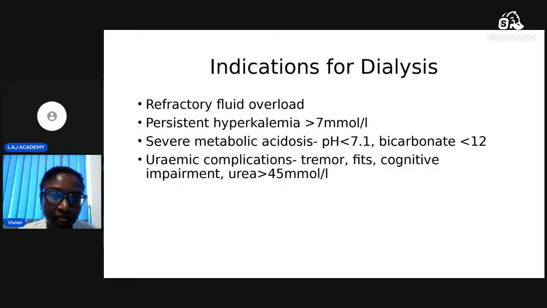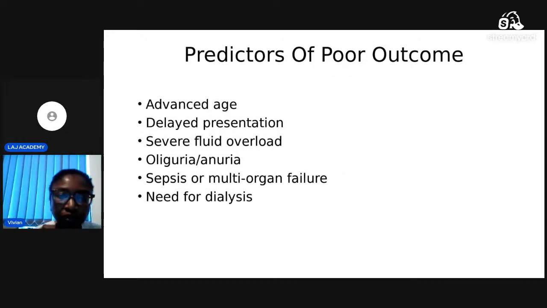There are specific indications for renal replacement therapy, and this includes refractory fluid overload not responding to diuretics, refractory hyperkalemia not responding to medications, severe metabolic acidosis with a pH of less than 7.1, and uremic complications like encephalopathy, and a urea of greater than 45 millimoles per liter.